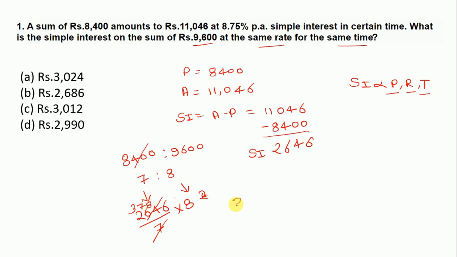So simply we have to multiply 378 into 8, and by checking the unit digit you can simply say the answer is 3024, because 8 times 8 is equal to 64, and this is the only option in which you have 4 at the unit place. You can multiply it but it will consume time. Your answer is option A.